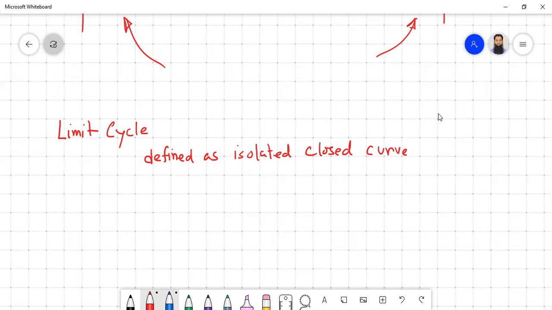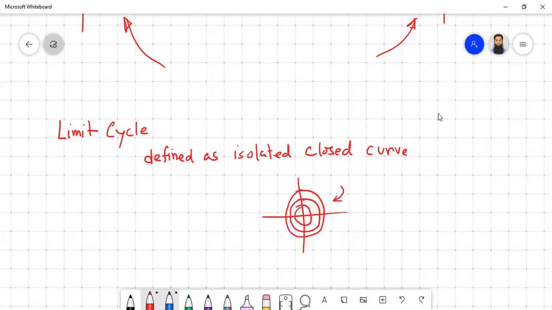The trajectory has to be closed, which means that it has to be periodic in nature. That is why it is called closed. And it also has to be isolated, indicating a limiting nature. That means there should not be any other nearby trajectory, like in the last example we have seen, a series of curves. So they are not isolated.